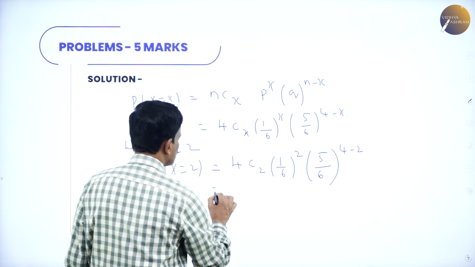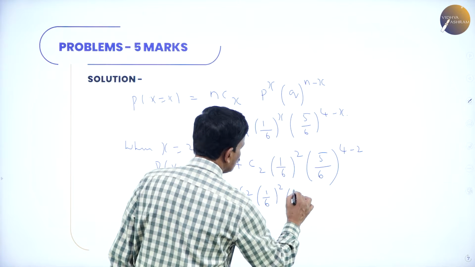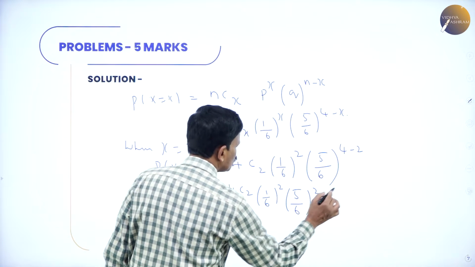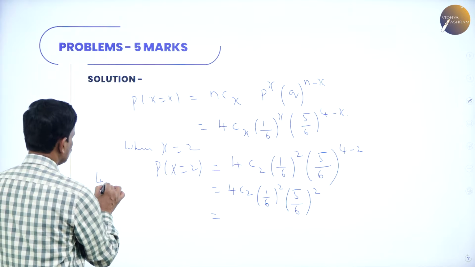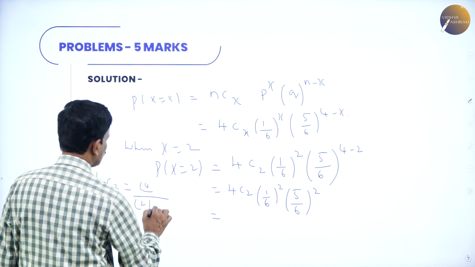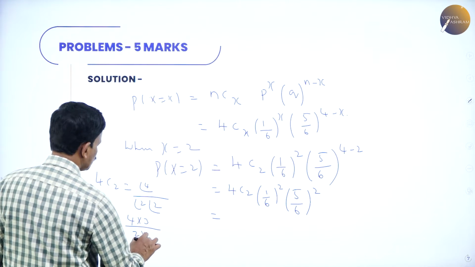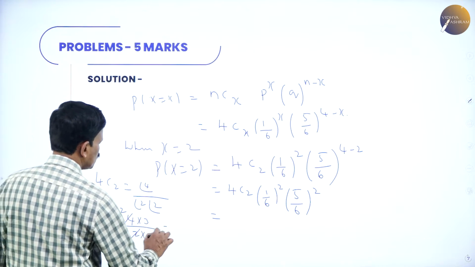If you simplify this, you will get 4C2 into 1 by 6 to the power of 2 into 5 by 6 to the power of 2. Find out the value of 4C2. 4C2 is nothing but factorial 4 divided by factorial 2 into factorial 4 minus 2. So this is 4 into 3 divided by 2 into 1, which is 6.